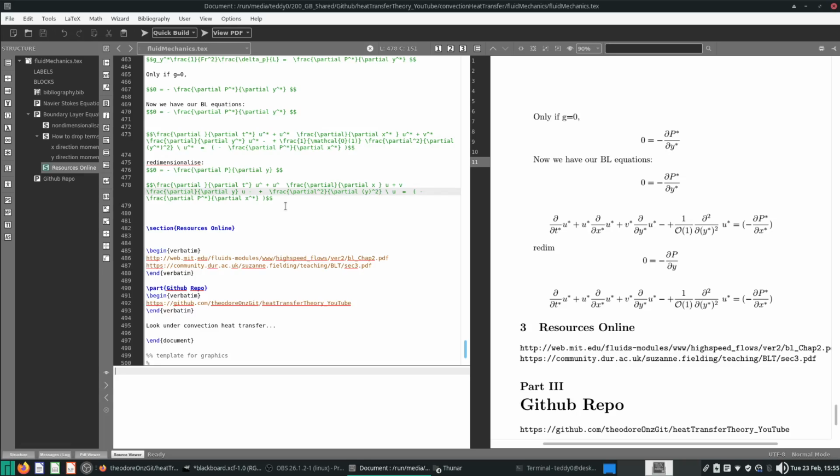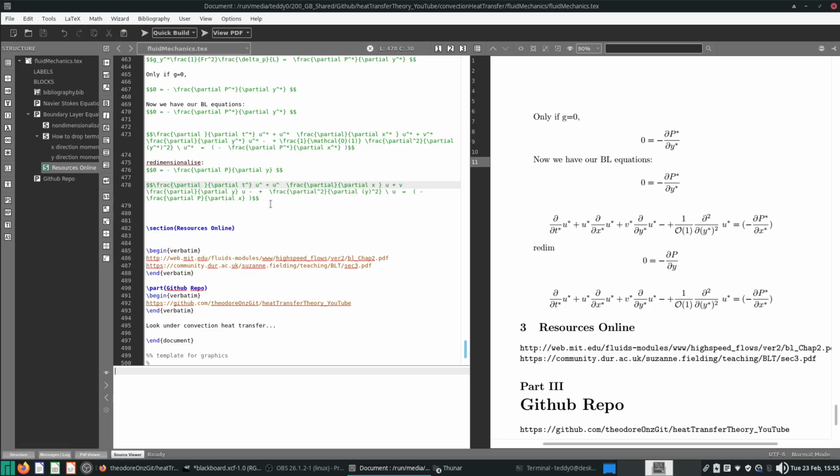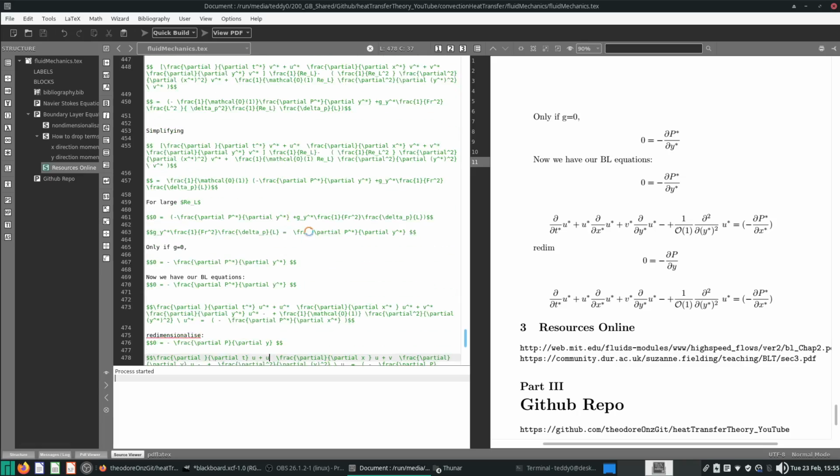Let me more or less finish. Oh shucks, the U is not getting powered to anything. Let's try again. So this becomes our equation.